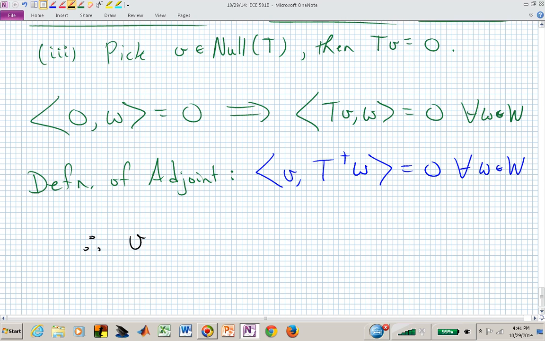Now v is orthogonal. And what is that T dagger w giving us? Vectors that are generated by T dagger w are in the range of T dagger, aren't they? So now we're saying that v lives in the orthogonal complement to that space. So v is an element of the range of T dagger's orthogonal complement.